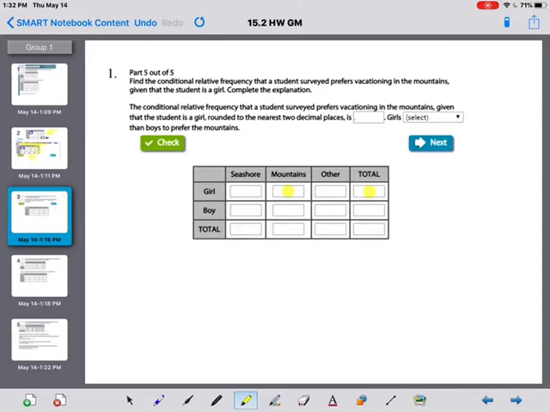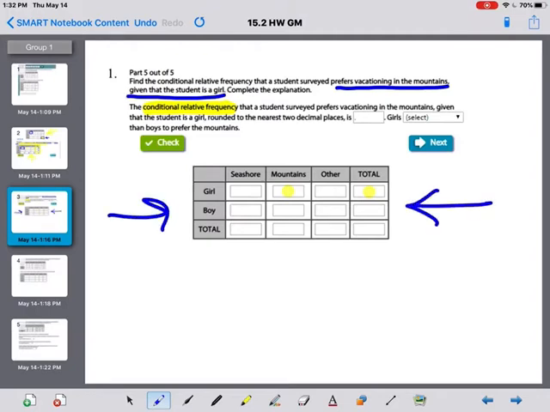Part 5 is about conditional relative frequency, which is probably the most difficult. So it's asking you to find the conditional relative frequency that a student surveyed prefers vacationing in the mountains, given that the student is a girl. All right, so prefers vacationing in the mountains, given that the student is a girl. So this table here is already going to be filled out from one of the previous steps.